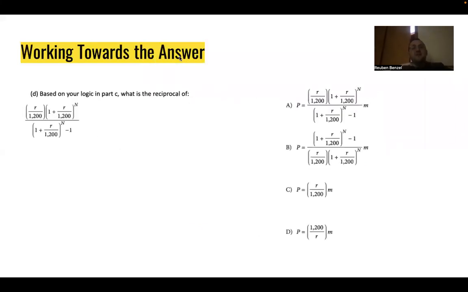So here we are for D. This says, based on your logic in part C, what is the reciprocal of this fraction? When we do that, we just simply flip the numerator and the denominator. So let's take a look at what this is showing.